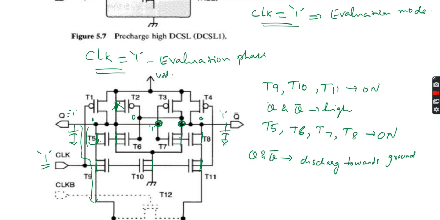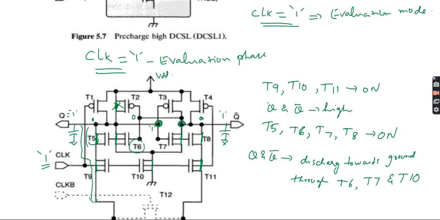Towards the ground through which transistor? Towards the ground through T6, T7 and T10.